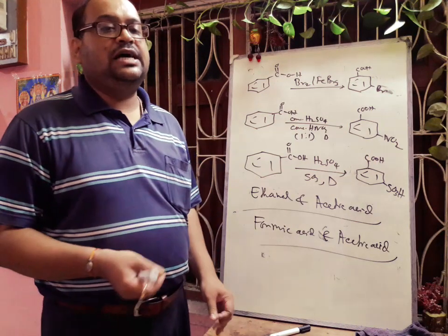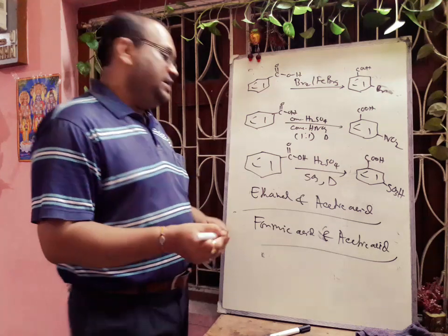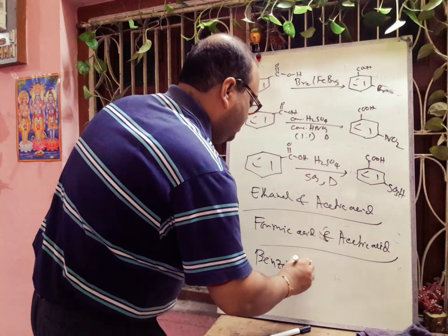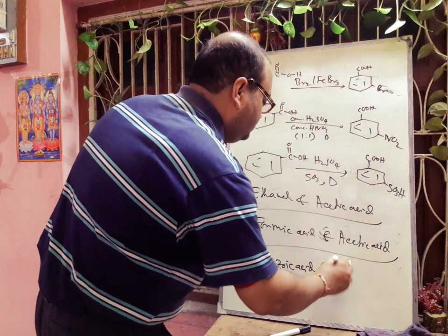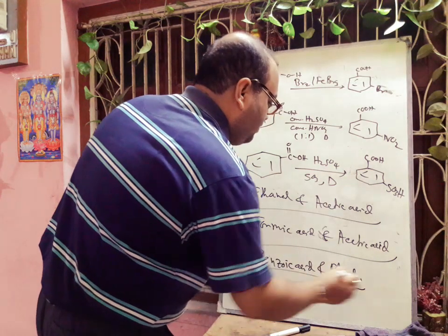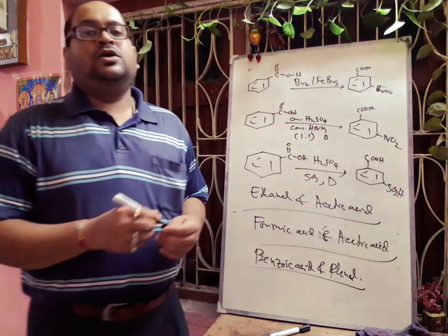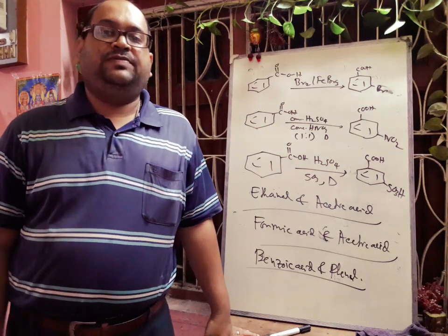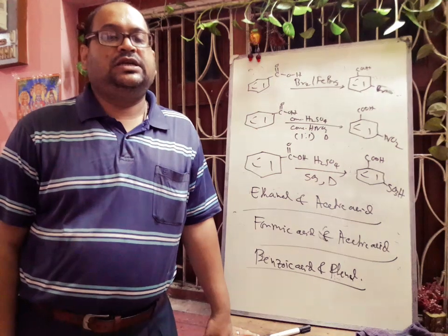Next we will discuss the chemical distinction between benzoic acid and phenol. You know that phenol gives a violet colored precipitate with ferric chloride solution, but benzoic acid does not.